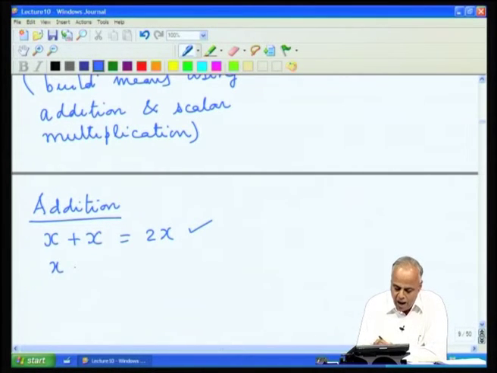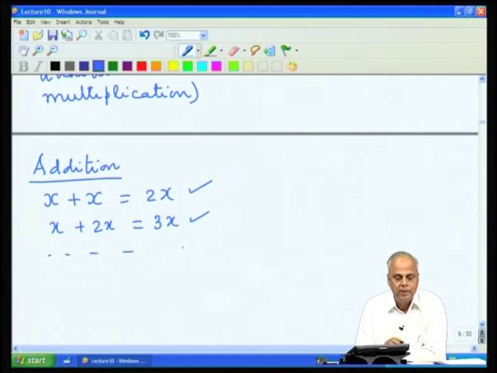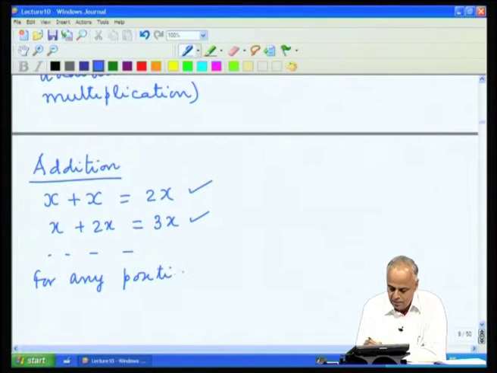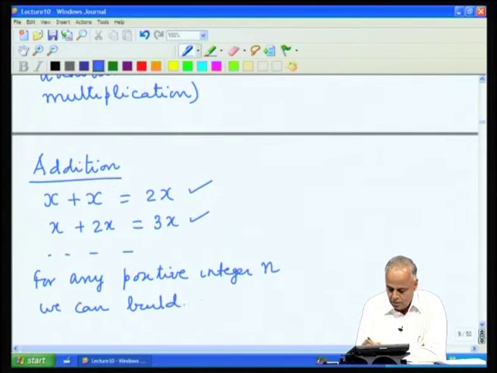So, 2x is a vector which I can build using x. Now, I can add x to 2x and I denote this with 3x, and so I can build 3x. Continuing this way, for any positive integer n, we can build nx starting from x.